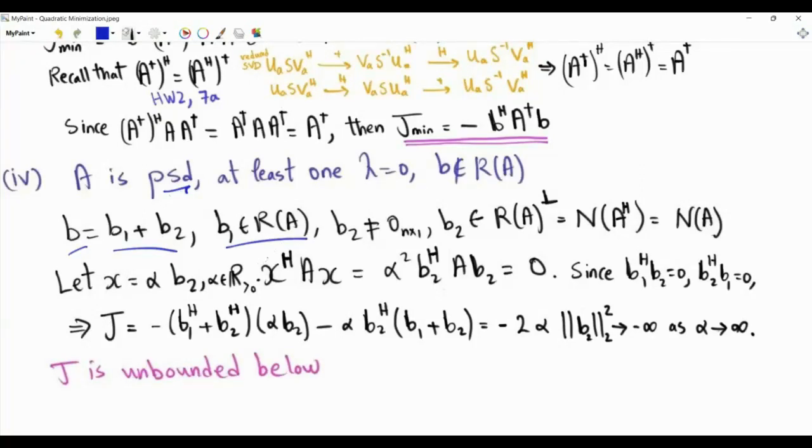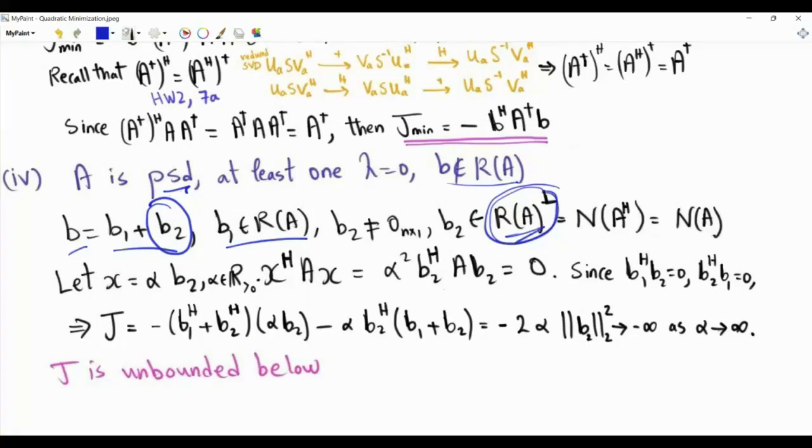One component is in the range of A, or the column space of A, but then there is a non-zero component, and this non-zero component is orthogonal to the range of A. It means that B can be decomposed into two parts. One part is living in the range of A, but there is a non-zero part that is in the subspace that is orthogonal to the range of A.